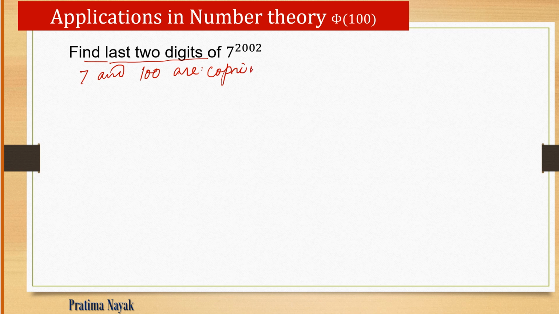So I can apply the phi function here. Phi of 100 equals 40. We have already calculated it, no need of writing again and again. So 7 power 40 is congruent to 1 modulo 100.